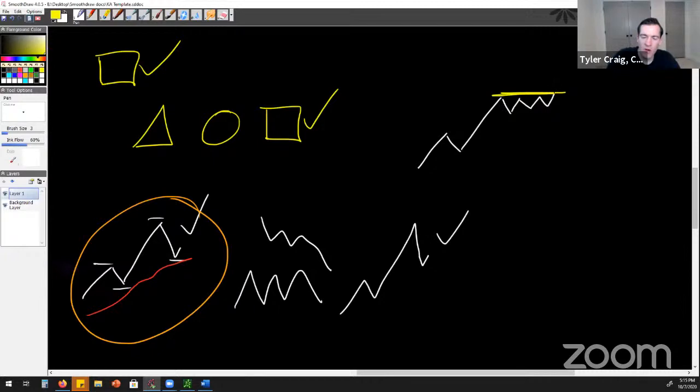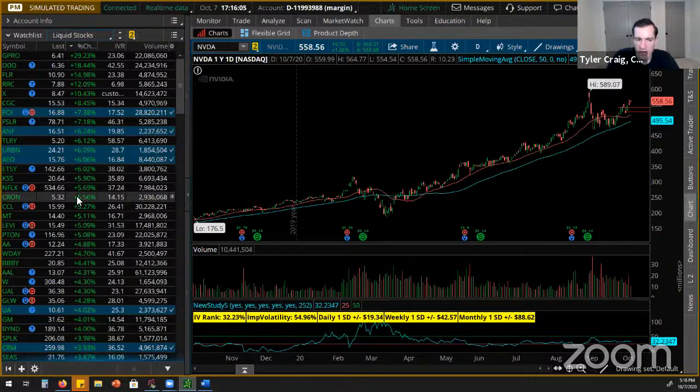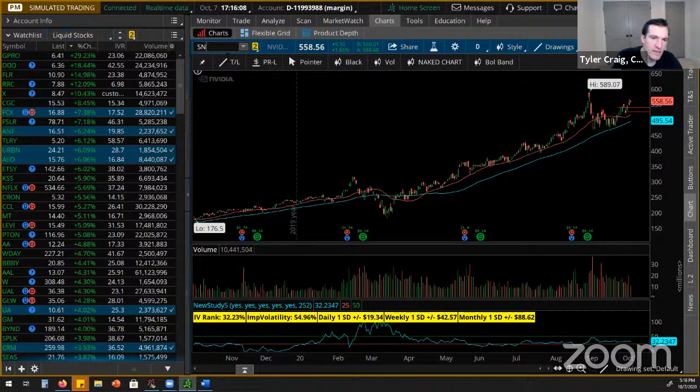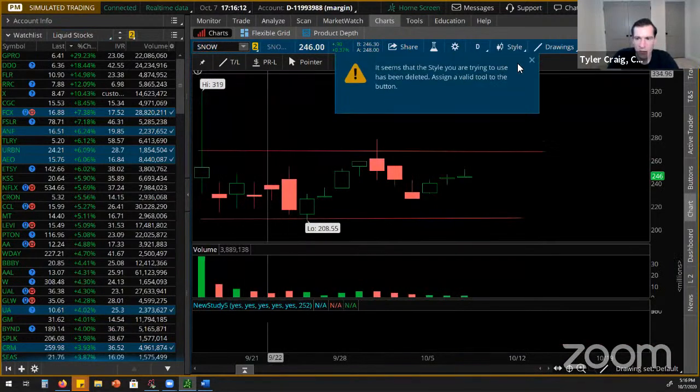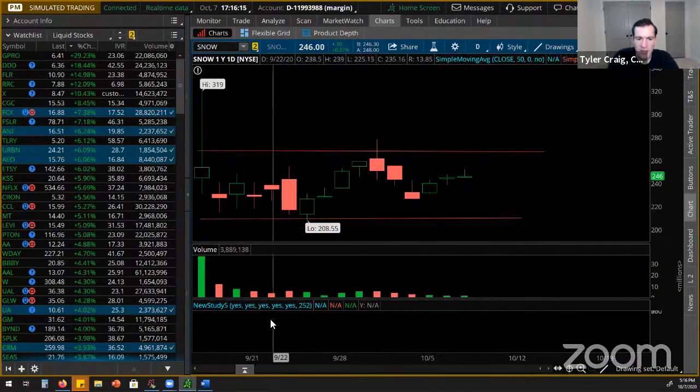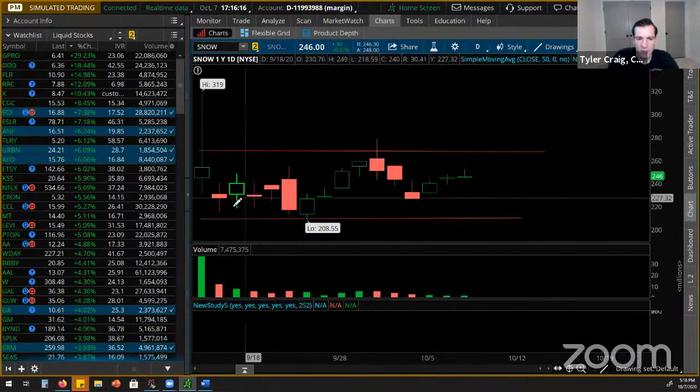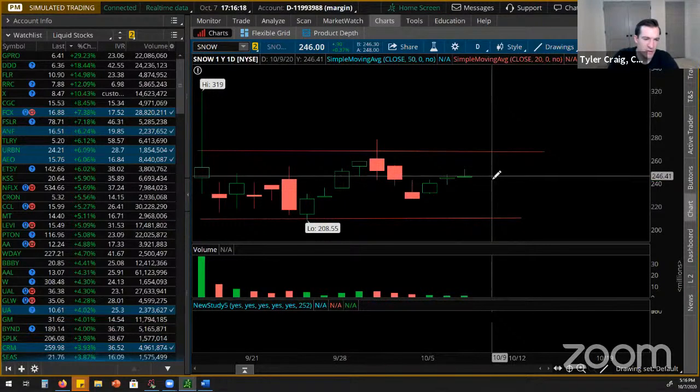In terms of how long I would wait when there's an IPO to add it to my watch list, remember, just because it's on my watch list doesn't mean I'm going to immediately buy it. So is there any problem with putting a new IPO like Snow on my watch list, even if I really would want to wait for a couple of months before I trade it? Nope.